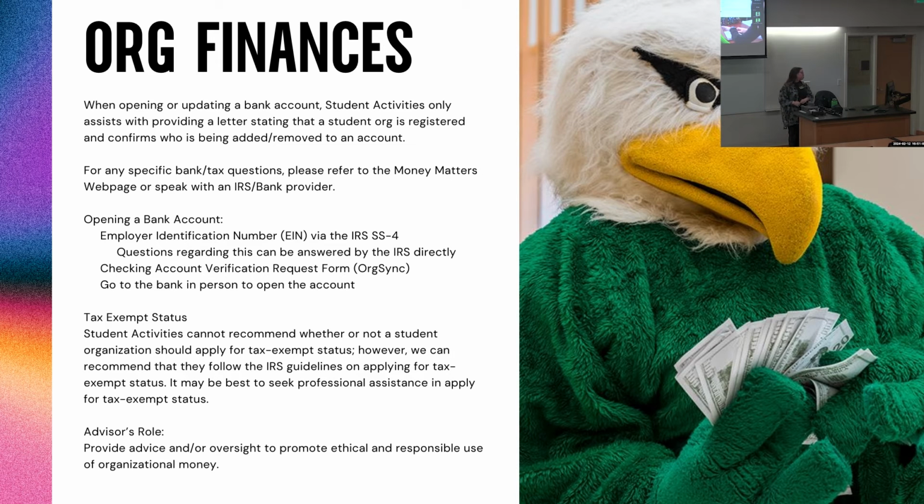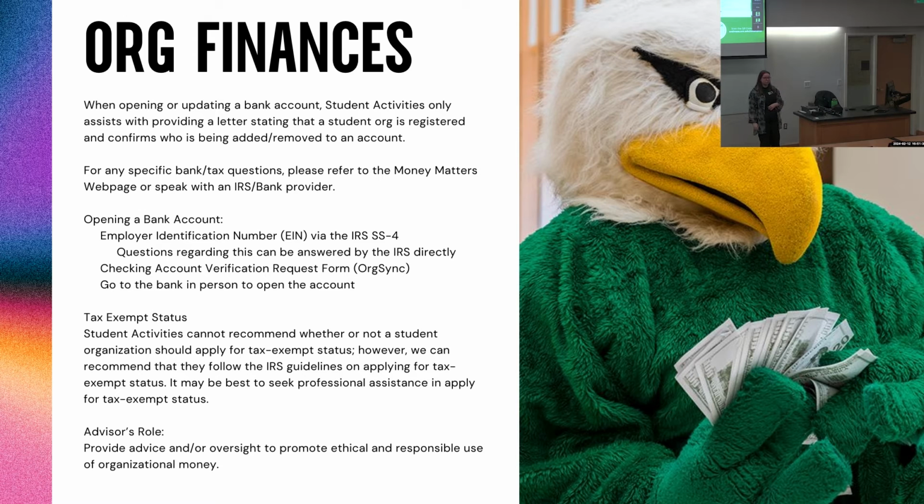When it comes to tax exempt status, a lot of organizations want to be tax exempt or think that they're tax exempt already because they're affiliated with UNT. But for the most part, that is not accurate. A lot of our organizations that are not affiliated with national bodies are not already tax exempt. Some of our fraternities and sororities or national or international honorary societies do have tax exempt status through those headquarters.